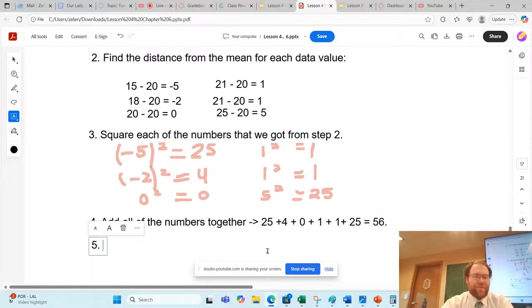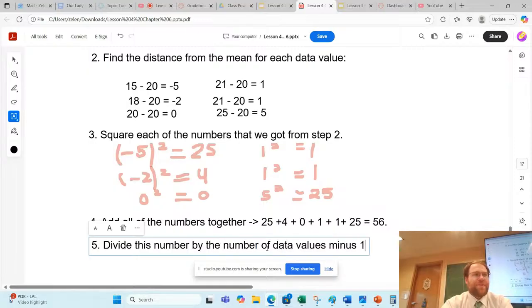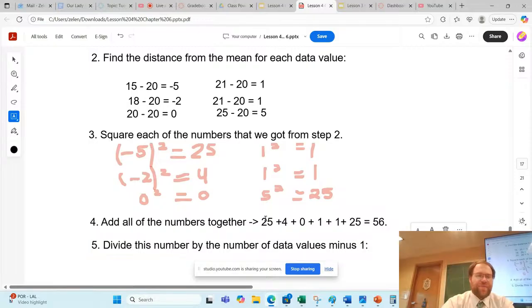Then from there, we will divide this number by the number of data values minus 1. So 56 divided by 5 is 11.2.